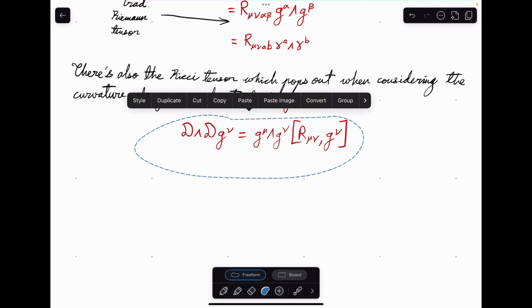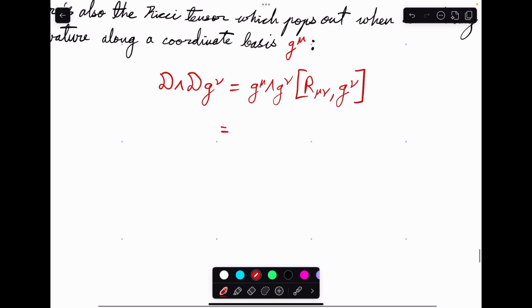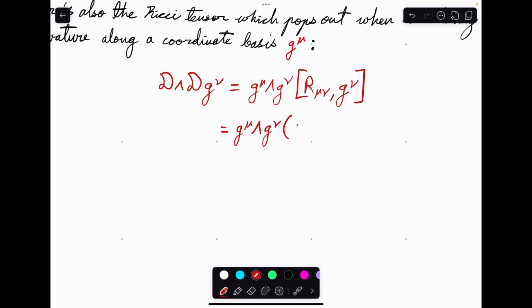So I get this. And by definition, this is the inner product between a bivector and a vector. So this returns a vector. So we get G mu wedge G nu, and this is R mu nu dotted with G nu.